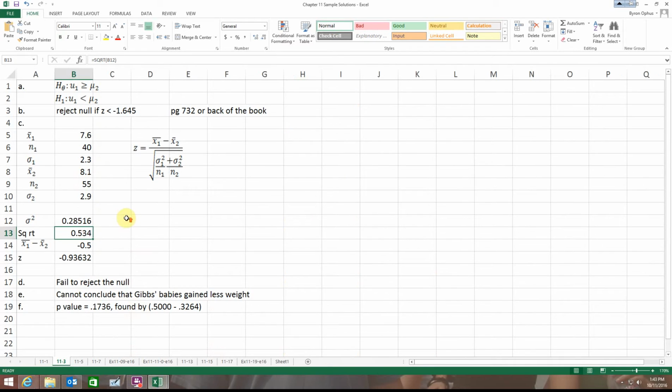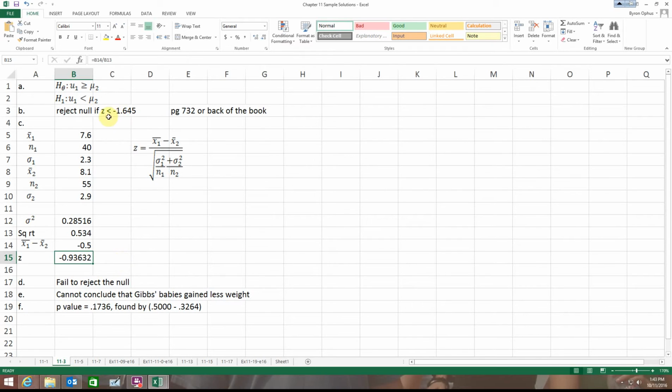So then we do our math, and again, I won't belabor you with the math. I kind of break it up and do the variance of the two samples, and then I do the square root of that, which gives me the bottom part of the equation. The top part of the equation is pretty easy. It's the mean of 1 minus the mean of 2. In this case, it's a negative, and I come up with a minus 0.936.